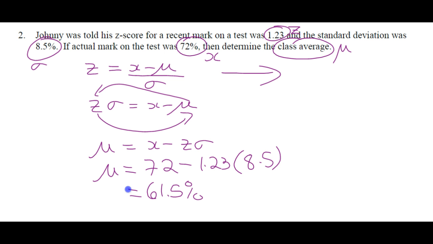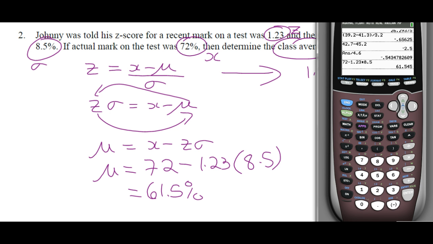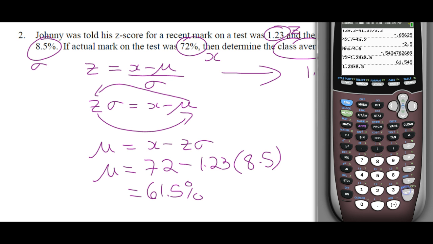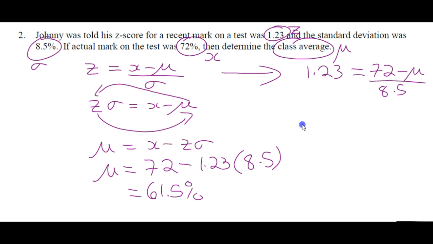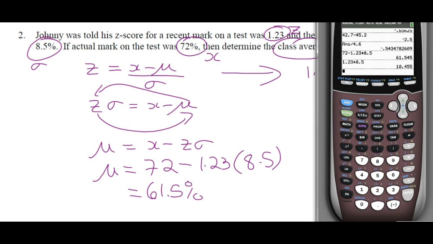If you do it this way, you put the 1.23 in, that's your Z. The x is 72, minus mu, which we don't know, and the sigma is 8.5. To solve this, you start by multiplying both sides by 8.5. So 1.23 times 8.5 is 10.455.